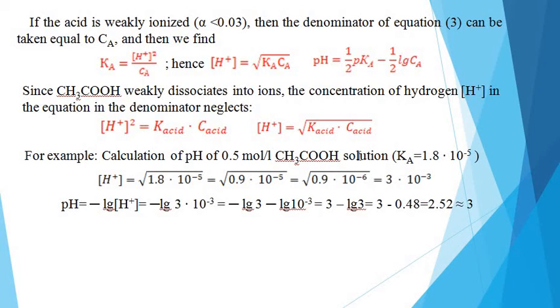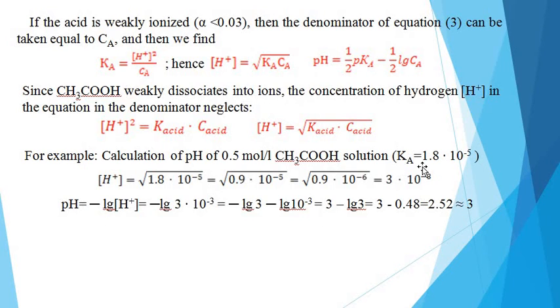For example, it is necessary to find the pH of a 0.5 mol/liter concentration weak acid solution with a constant of acidity equal to 1.8 multiplied by 10 to the minus 5 power. Using this formula for calculation of the hydrogen concentration, we find that the concentration of hydrogen equals 3 multiplied by 10 to the minus 3 power.